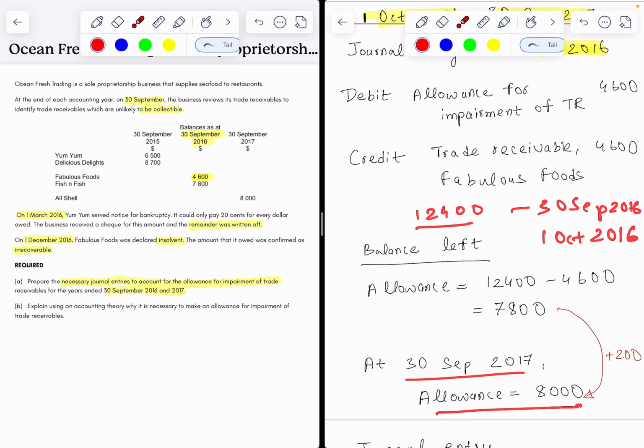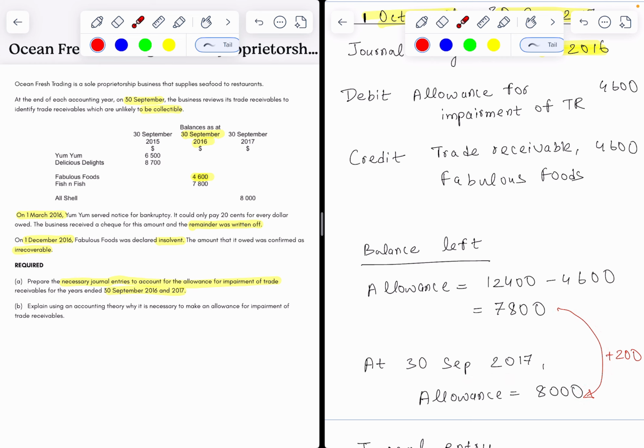In the new financial year, on 1 December 2016, Fabulous Foods confirmed that they can't pay us, and therefore $12,400 was reduced by $4,600 for the amount that Fabulous Foods owed us, which gave us a balance of $7,800 left in the allowance for impairment of trade receivables, which now needs to be increased by $200 to adjust for the new allowance at the end of 30 September 2017.